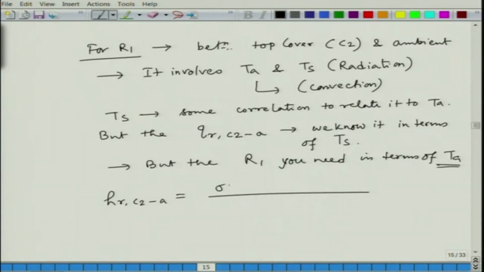The radiation heat loss will be the Stefan-Boltzmann constant sigma multiplied by the emissivity of the cover 2, and then using a similar method we can find the relationship.